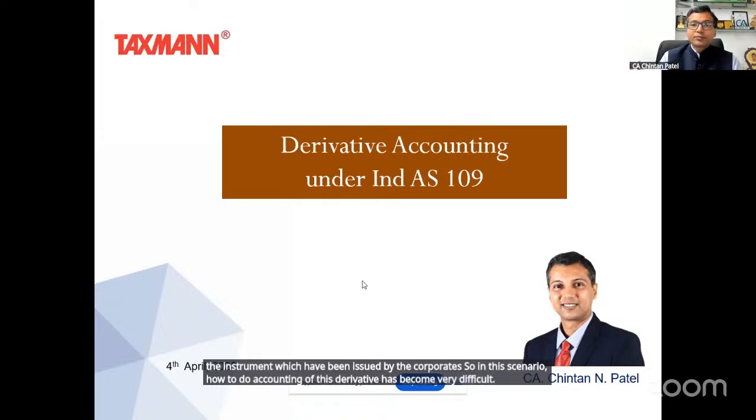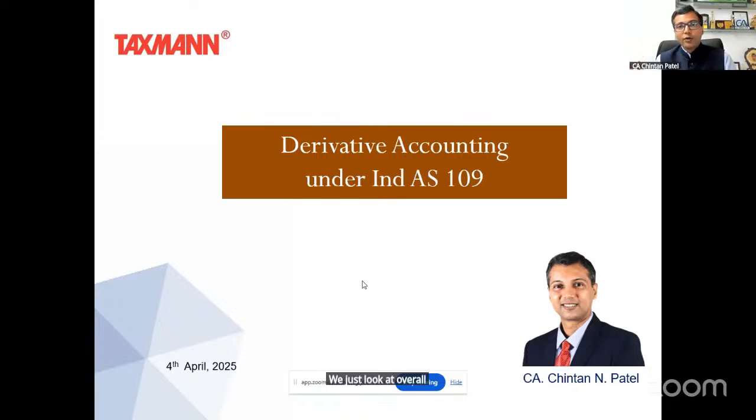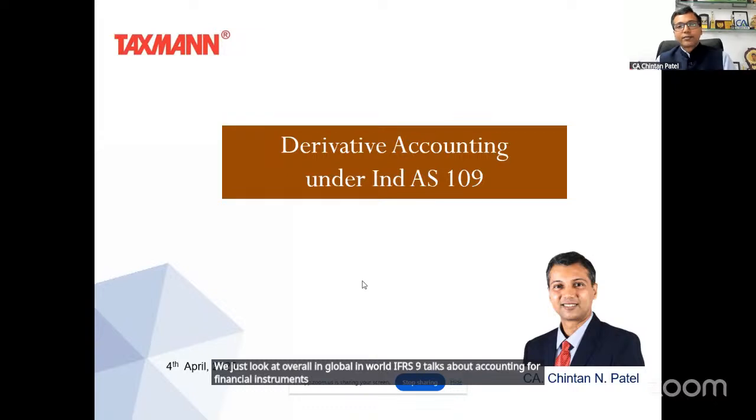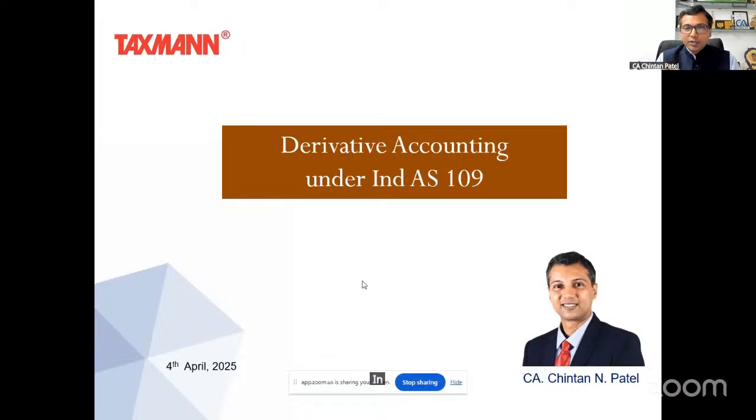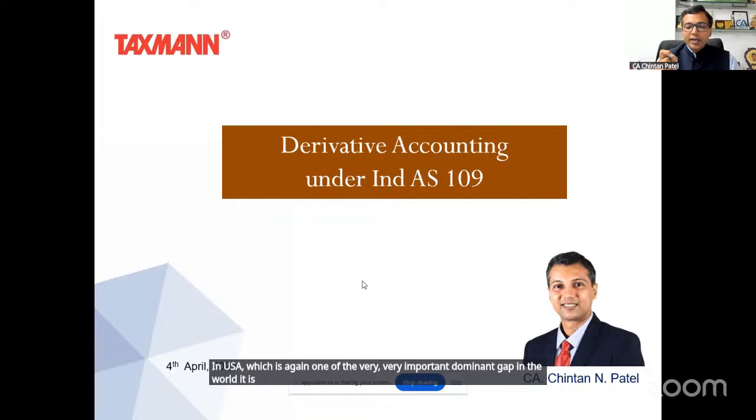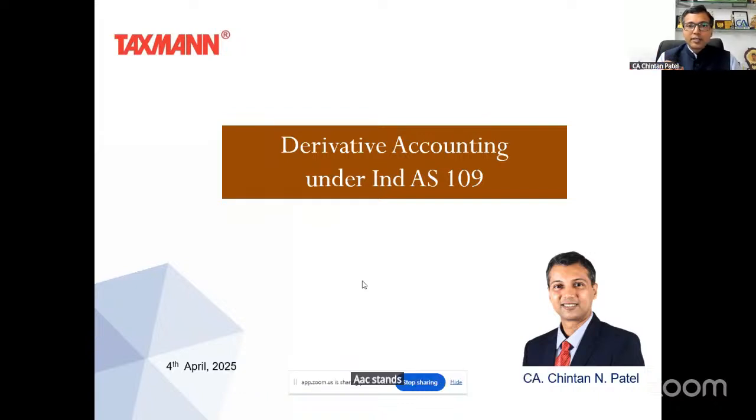If we look globally, IFRS 9 talks about accounting for financial instruments. In India, for large corporates, it is Ind AS 109, which is relevant to IFRS 9. In the USA, which is again one of the very important dominant GAAPs in the world, it is ASC 815. ASC stands for Accounting Standards Codification.